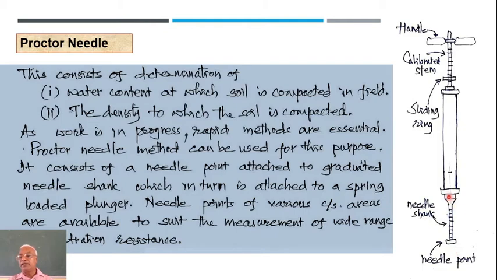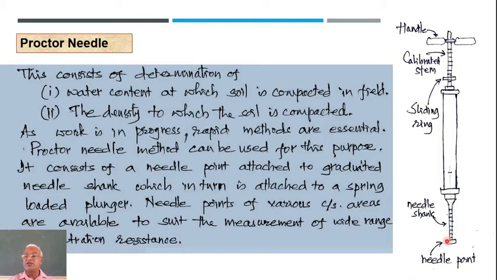Okay, here there will be a number of needles with different needle points, right? This may be 1 centimeter diameter, 2 centimeter diameter, 3 centimeter, like that. You can detach this and then fix a new one depending upon the kind of soil. If you use a very small tip needle, in case of very soft clays, it will be penetrating too much into the soil.